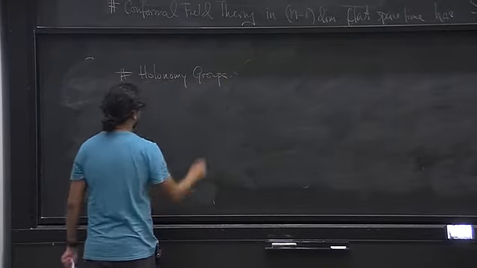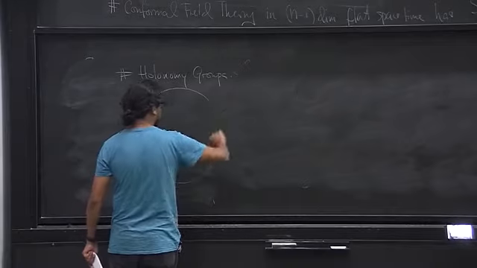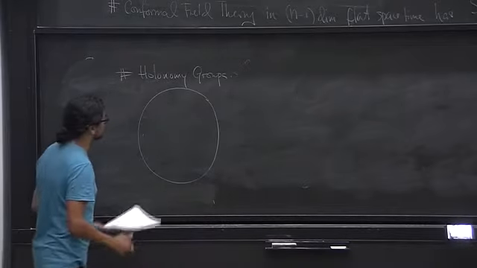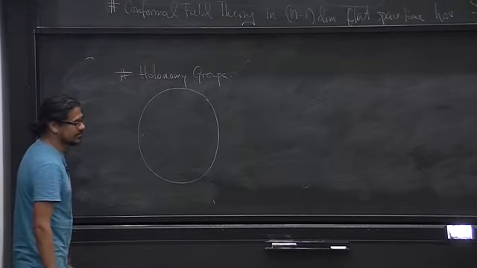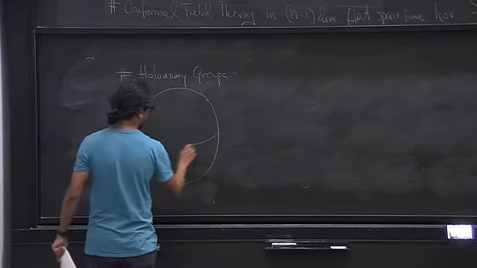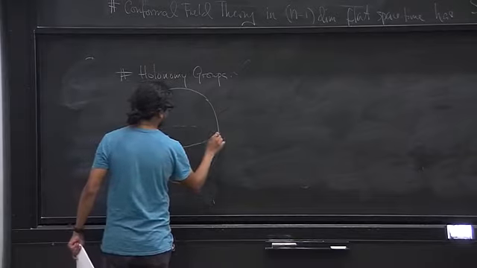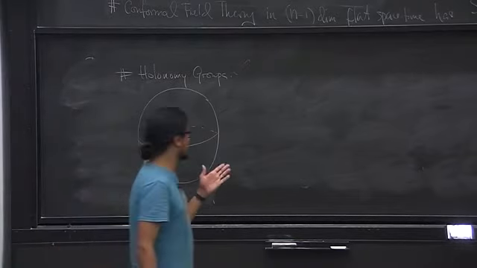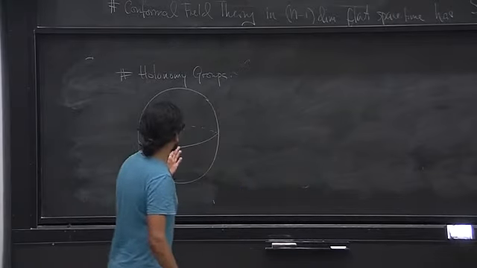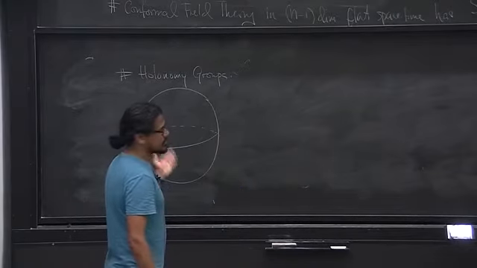So suppose you have some manifold, and for definiteness, let's take a sphere. As you know, on a curved manifold, vectors are not globally defined.